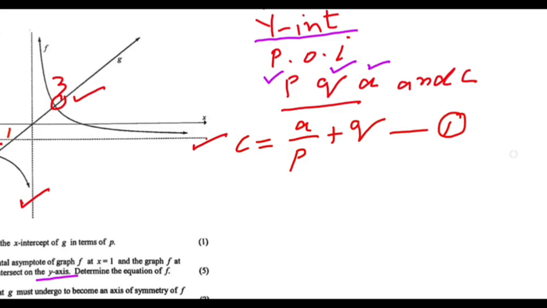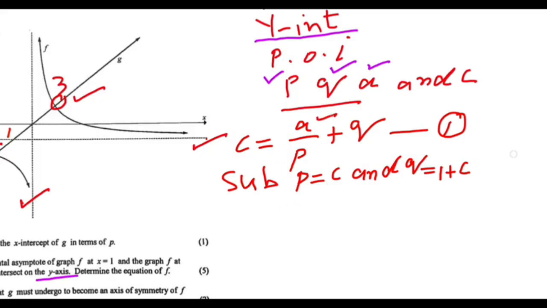Now we need to solve the a, so I'm going to substitute what we found earlier. P we have is equal to c, must remember, and q we also have, that was equal to 1 plus c. So I'm going to substitute into this equation to find the value of a.